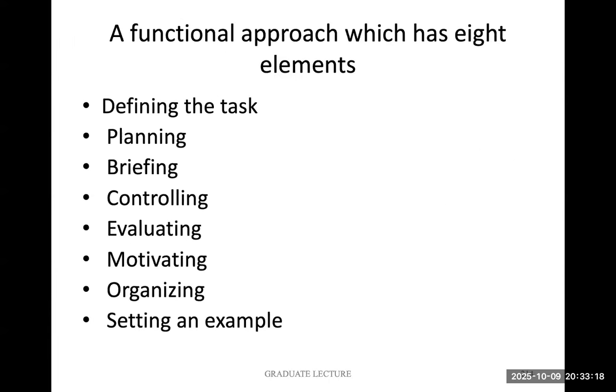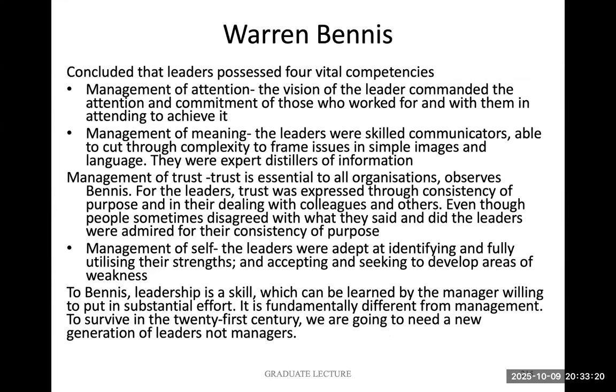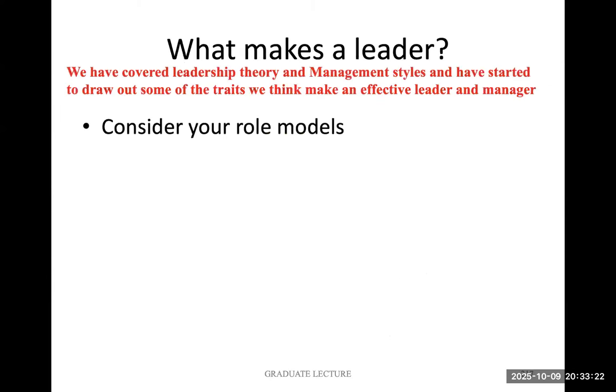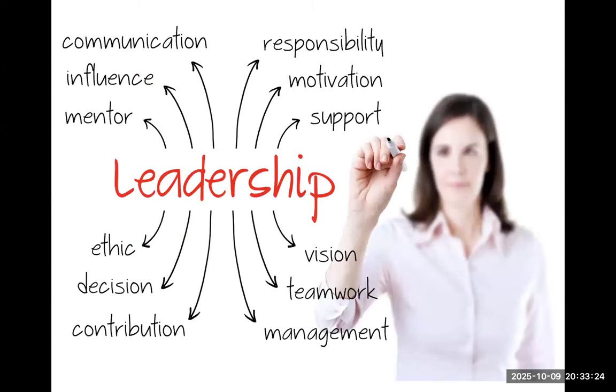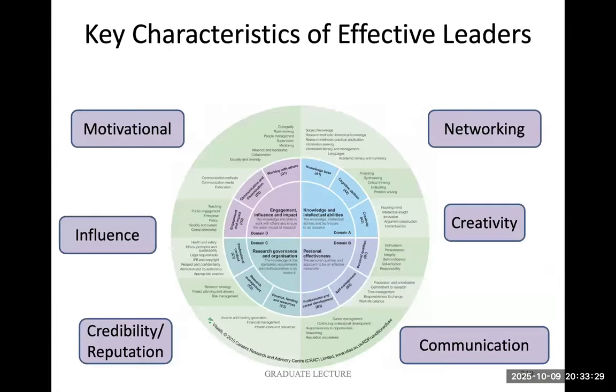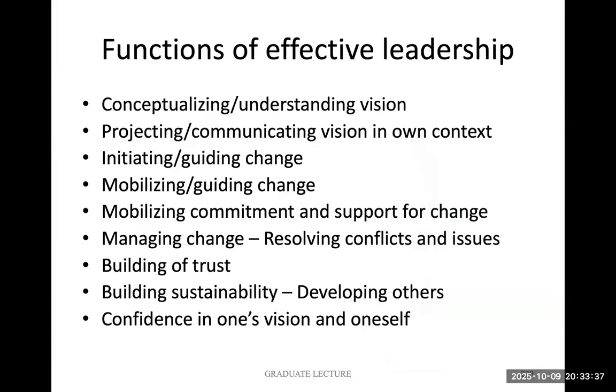You are good as a leader. You learn how to plan and then manage all the change processes we talked about. Learn your communication skills. If you're in academics, you learn how to network. You learn how to communicate, your creativity, and all that.